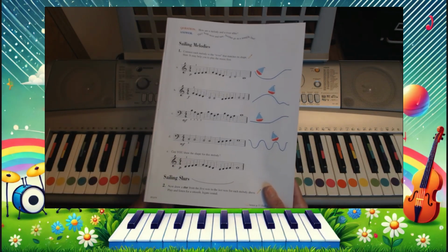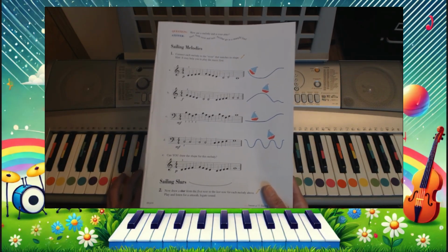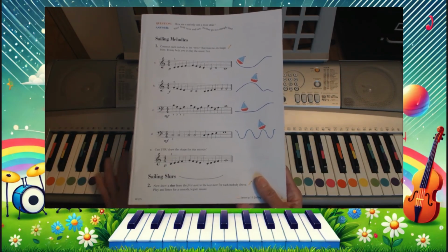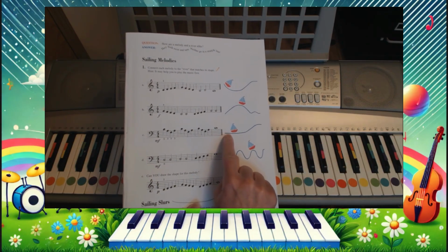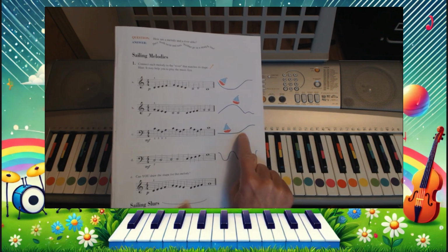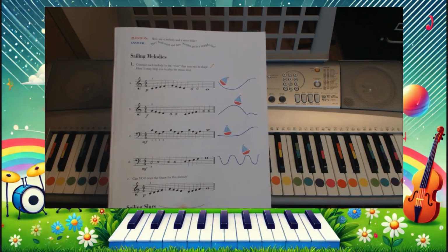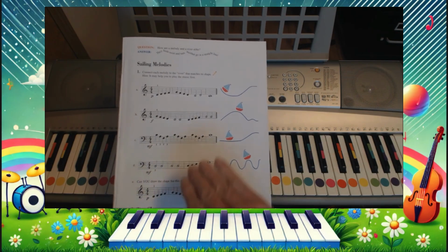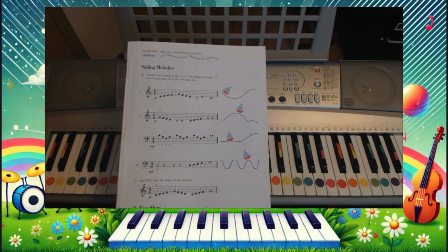And D must be the one that's left right here. It's sitting down at the bottom, and then here comes a slight wave, and then we sit up at the top. So isn't it interesting how you can picture the movement of a melody? And it's like a river.